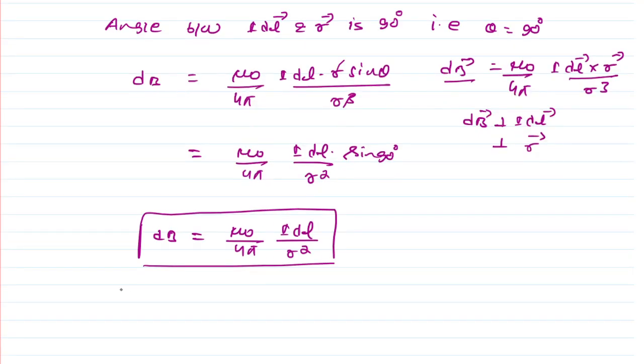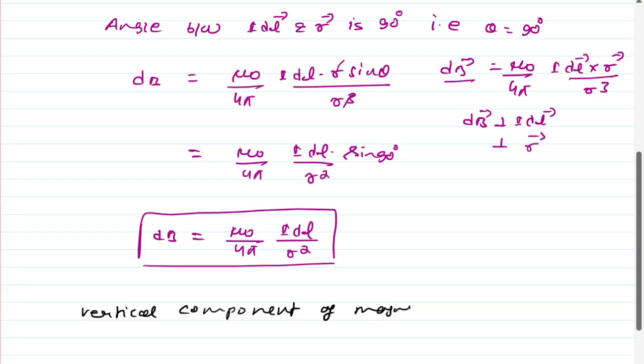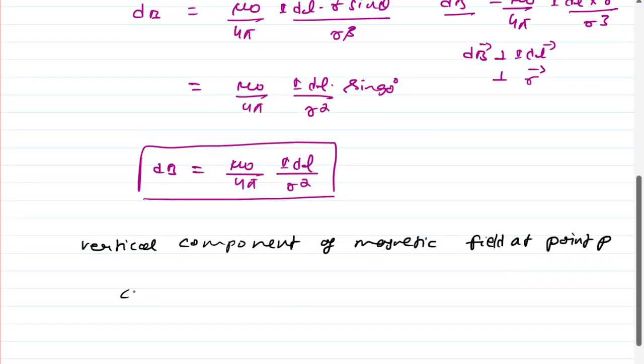So we are writing here: vertical component of magnetic field at point P cancel out.